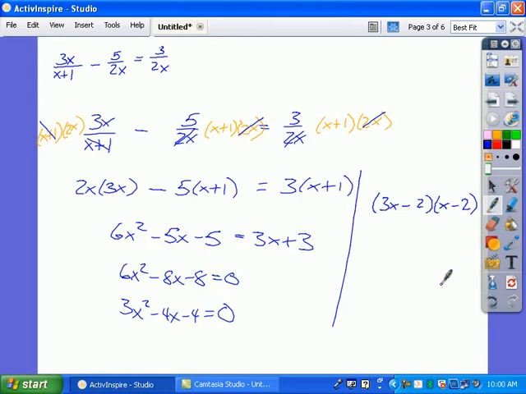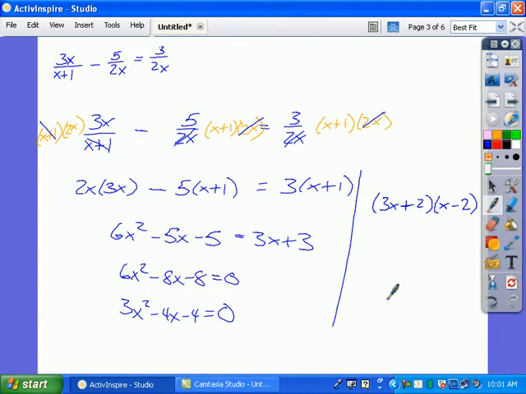Let's see how I did. No, one of those should be plus. Does that work? Right, 3x times x, 3x squared, 3x times minus 2 is minus 6, plus 2 is minus 4, and then the minus 2 times positive 2 is negative 4. So these are our two factors.